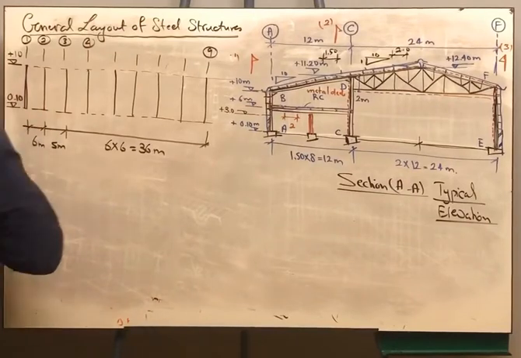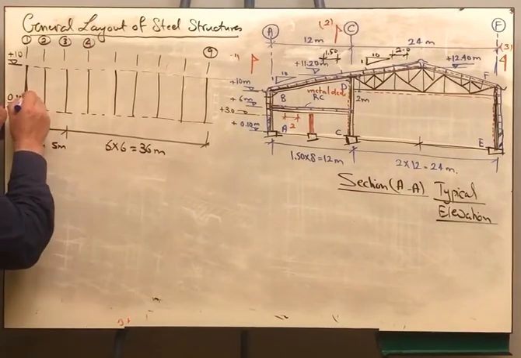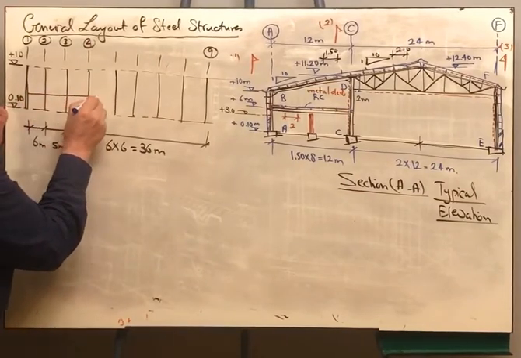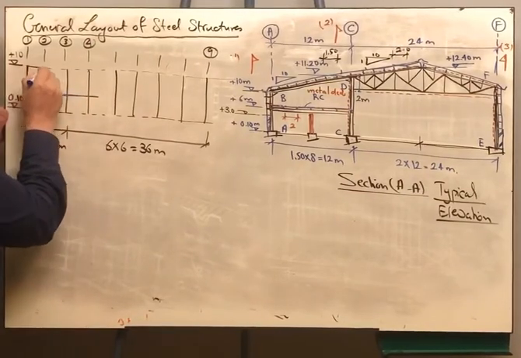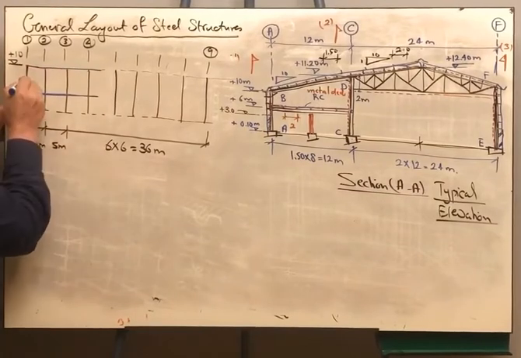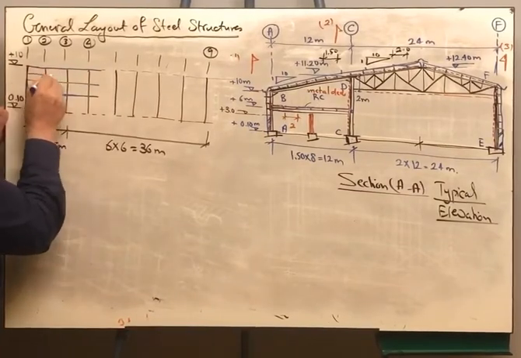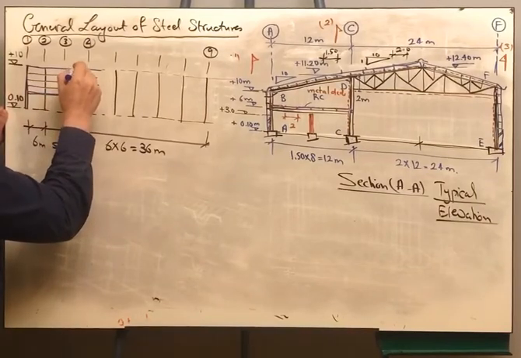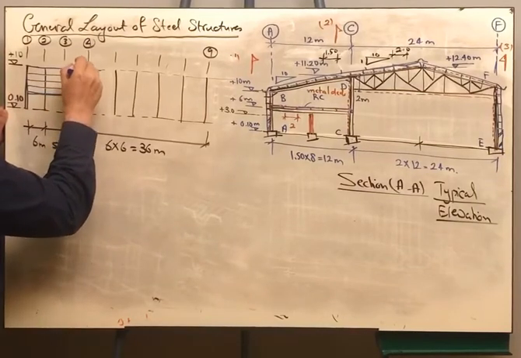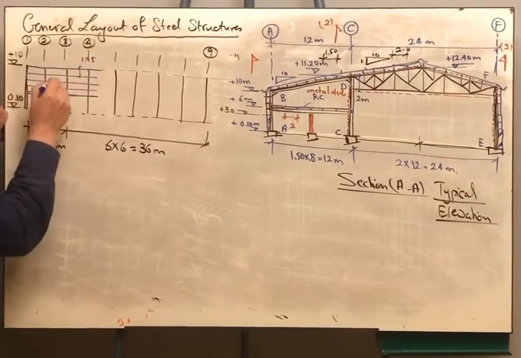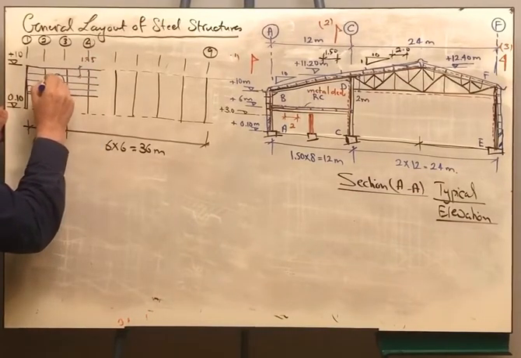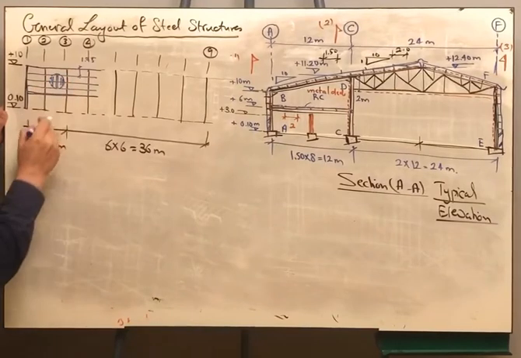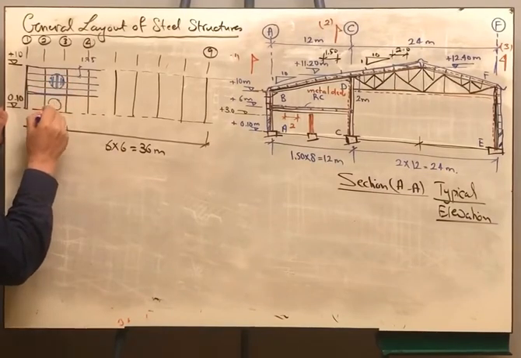So I'm going to show here the end of the wall, and this is the roof purlin. We divided this into 4 equal spaces, I'm sorry, this is 1.75, and the cladding system here is corrugated sheet. The cladding system here is brick wall.